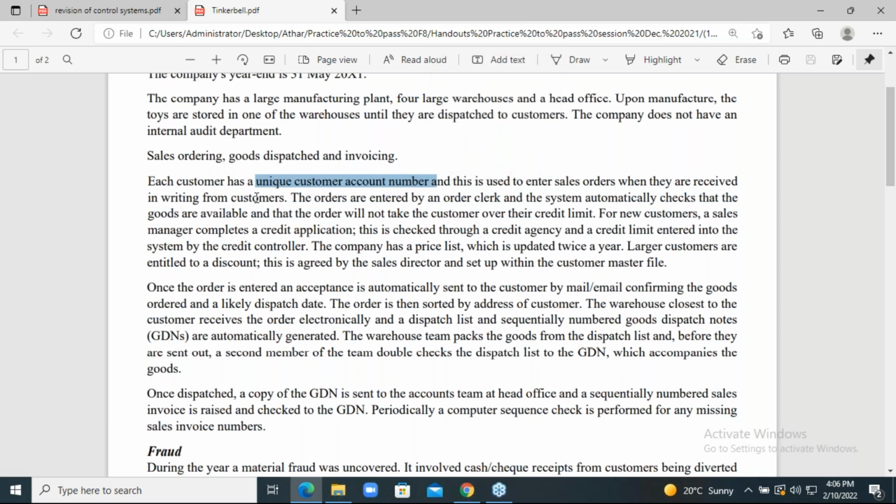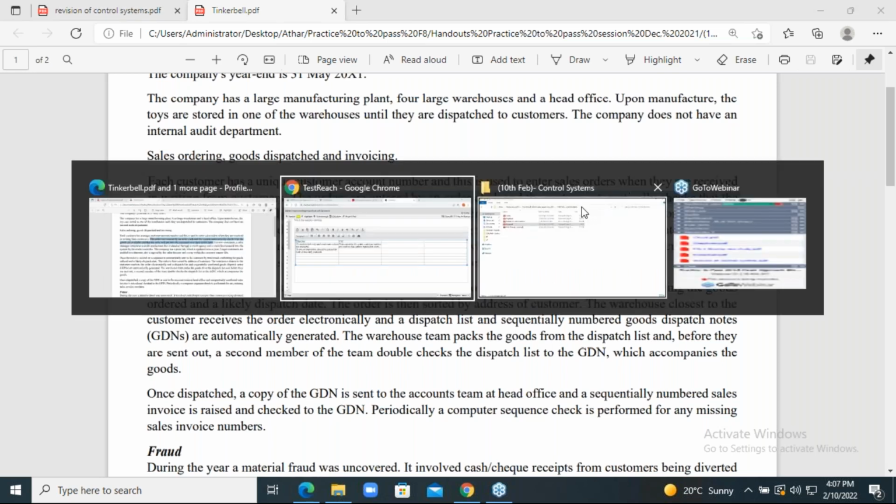What we did there, we entered a fake unique customer number to confirm whether the system accepts or rejects it. Now here, we are going to enter an order that is above the inventory level, or that will take this customer above their credit limit, and then we will see what the system does. So what should the system do?